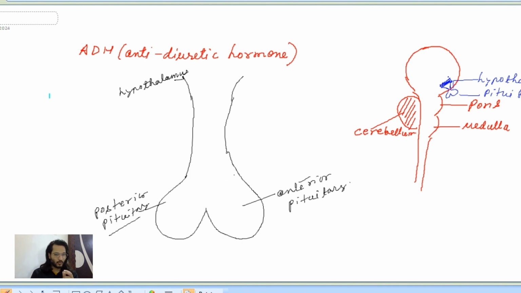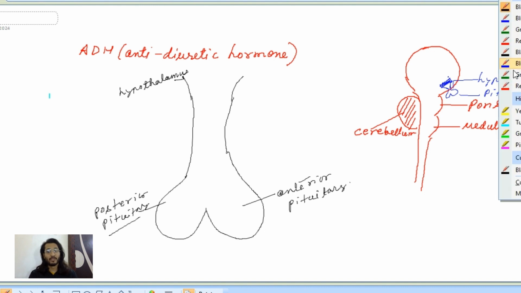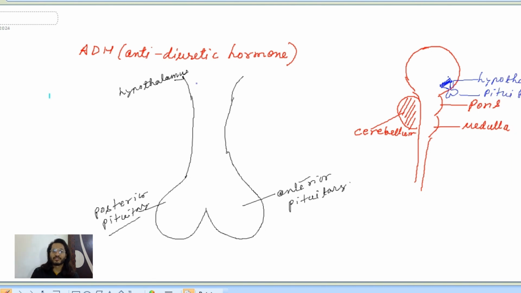In the hypothalamus you are going to find some nuclei, or neurosecretory cells. These are the neurosecretory cells, or you can say neurons, and they secrete the hormones. Two hormones are actually synthesized in the hypothalamus but stored in the posterior pituitary gland.